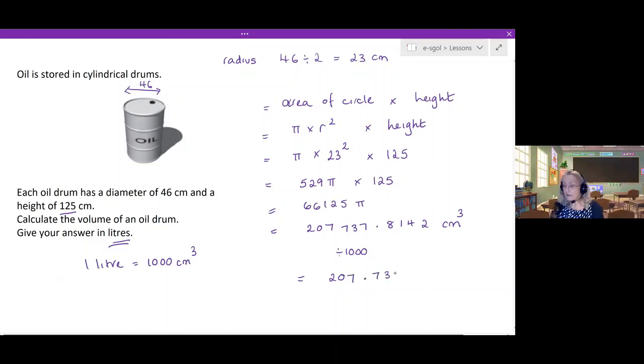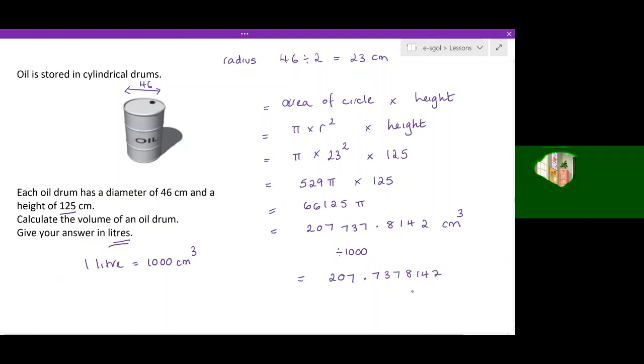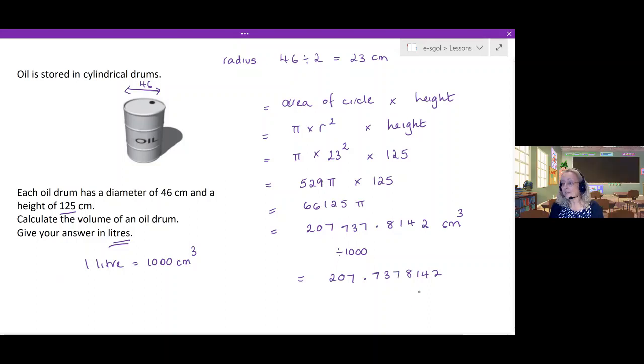I think one of my numbers disappeared there, did it? And again, there we go, that's better. So it's this in litres, and then I'm just going to round that to 207.7 litres as being the answer for this one.